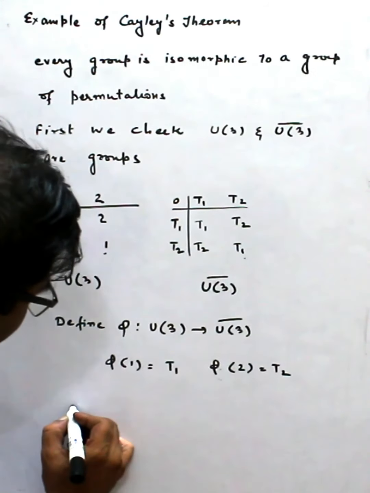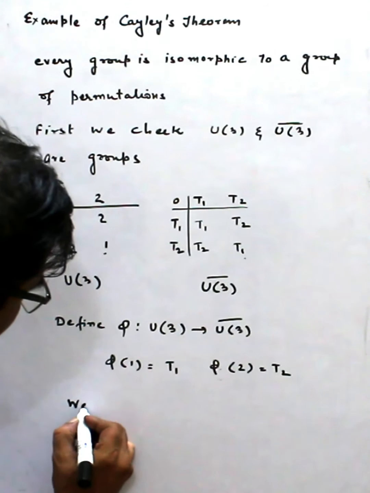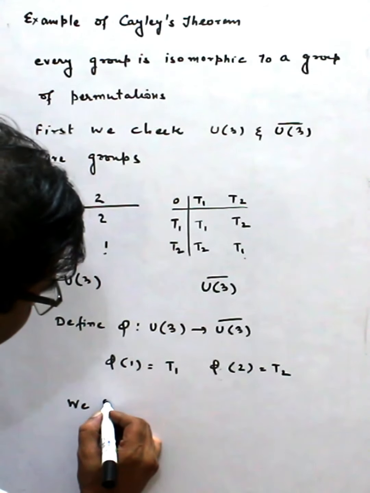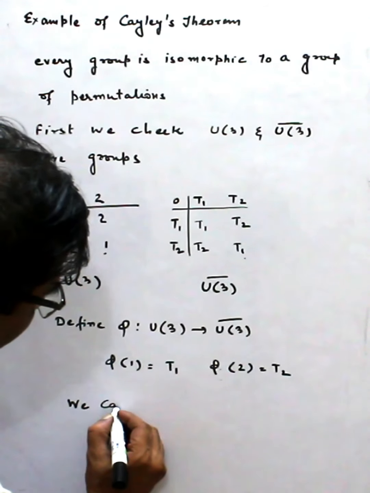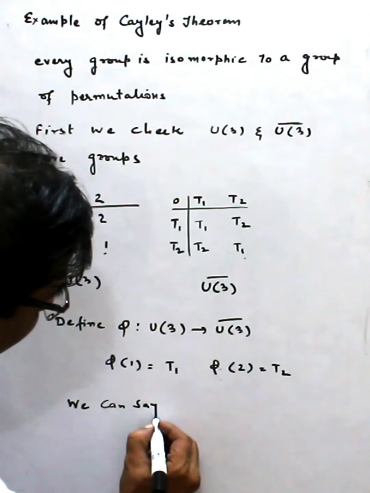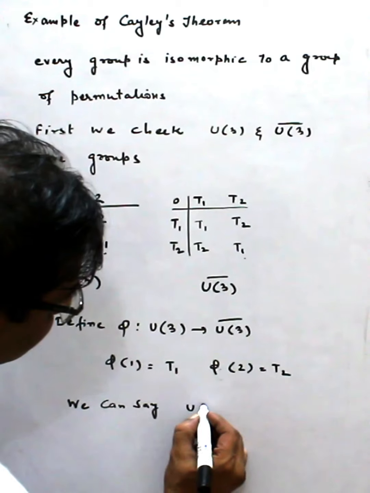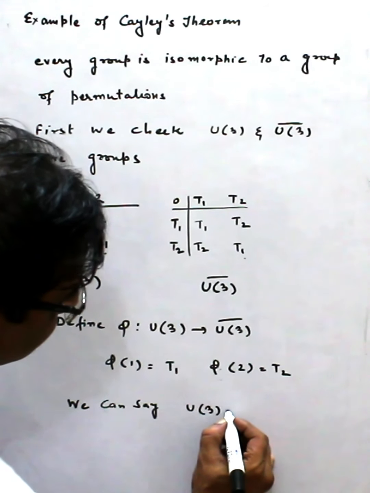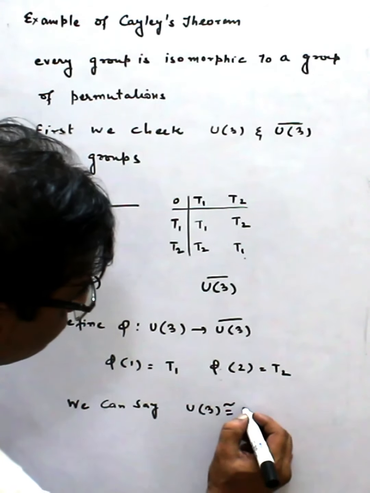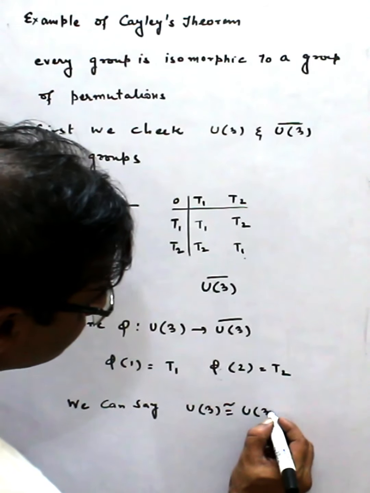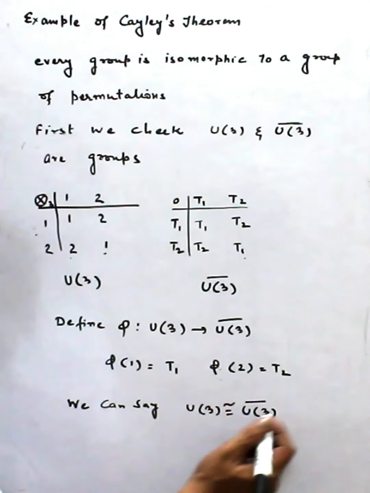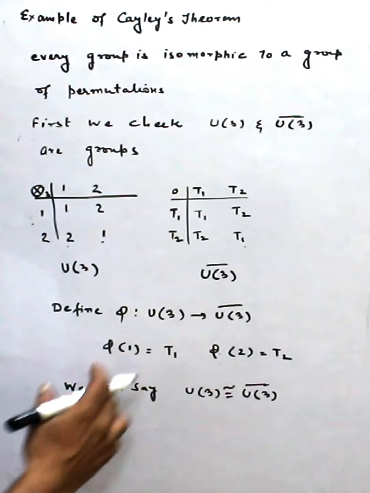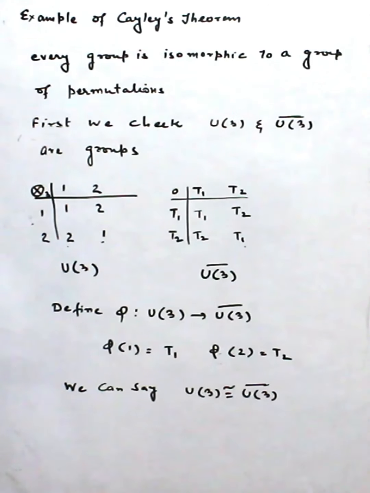So we can say U3 is isomorphic to U3 bar. This is a small example. We can extend to more elements. So like this, one more example.